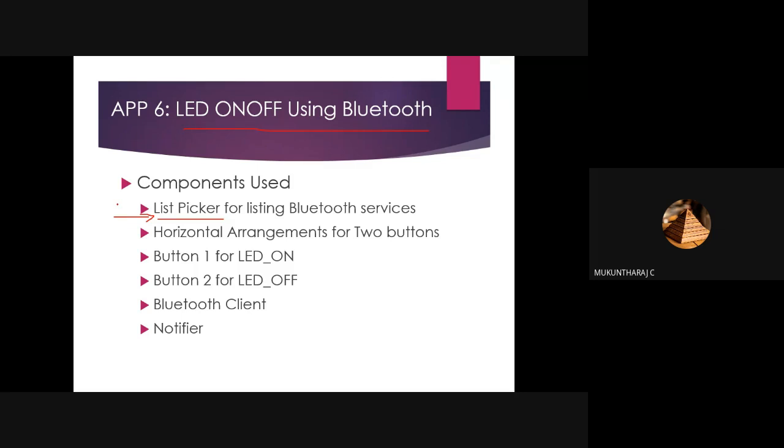Here, the service we are going to use is the Bluetooth service. What are all the Bluetooth devices that are already paired with my mobile phone? That will be listed with the help of the list picker.